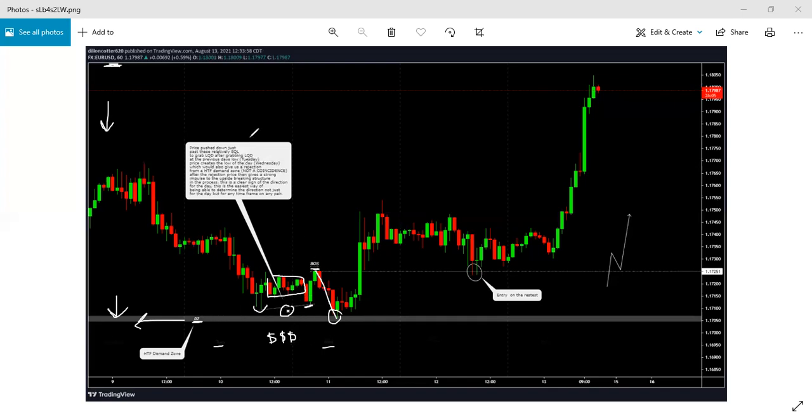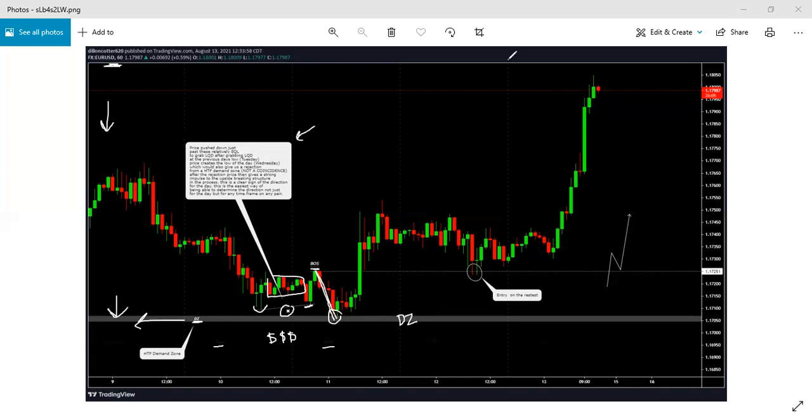So it's no coincidence, and we'll zoom into this here in a second, but it's no coincidence that Tuesday's low gets violated by a strong impulse to the downside and meeting this demand zone right here.